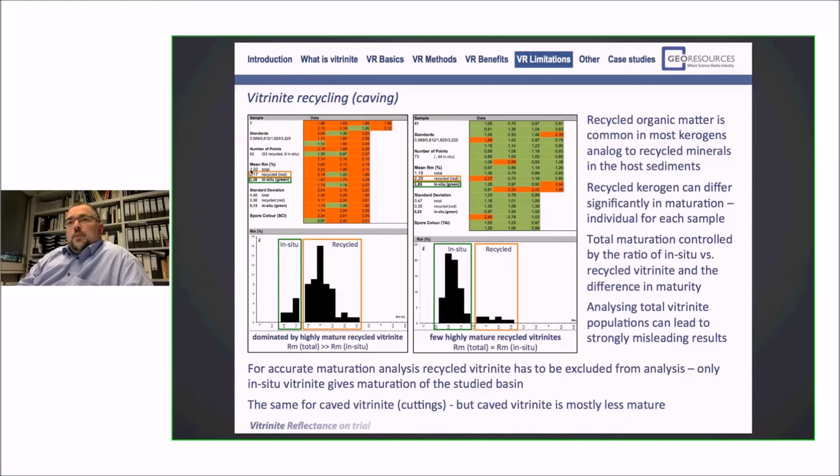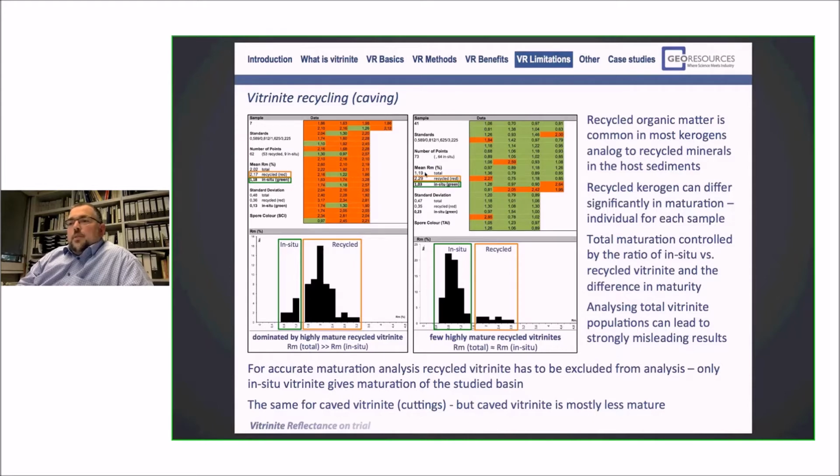In total, the mean reflectance is 2.02%, and the in situ material is only 1.18. So this means the in situ material is upper oil window, while the total amount is upper gas window. So this makes really a difference. And here in this case, we have only a very few recycled particles of vitrinite in the sample, mainly made of in situ material.